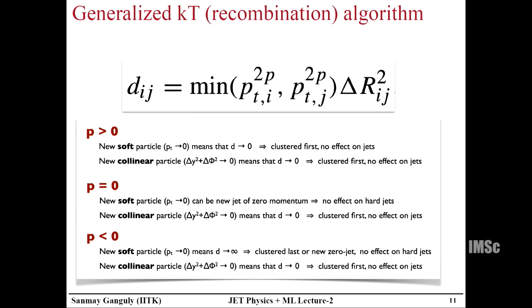So the role of the PT in the definition of the distance makes anti-KT less prone to the presence of softer particles, and that's why we had a discussion in the morning, what is pile up or not. If you think pile up is a set of softer particles, then by construction of this distance parameter, anti-KT jets are less prone to pile up compared to KT jets.